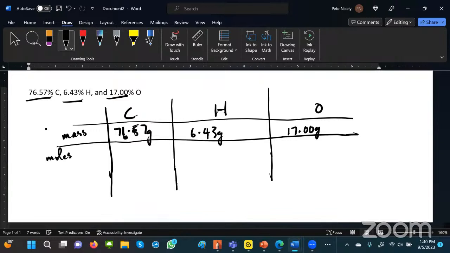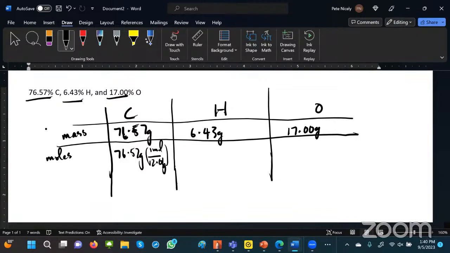The next step would be to determine the moles of each of them. And by now you should know that in order for you to calculate the moles from the mass, you simply divide the masses by the molar masses of the respective elements, right? So in the case of carbon, it will be 76.52 grams multiplied by 1 mole over 12.01 grams.